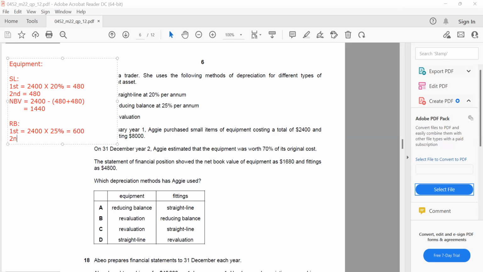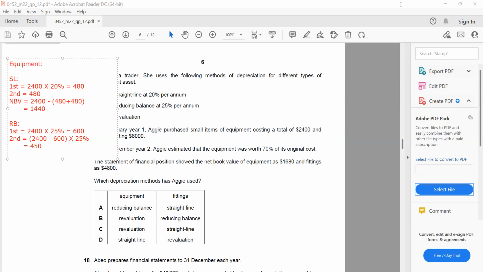So second year is 2004 minus 600 and then times 25%, which is 450.